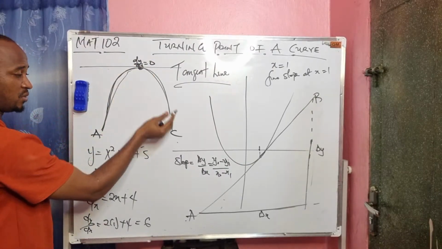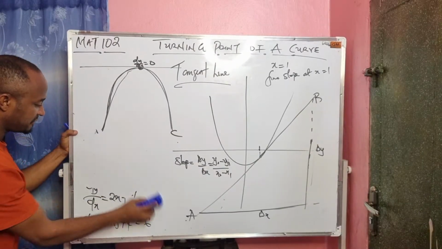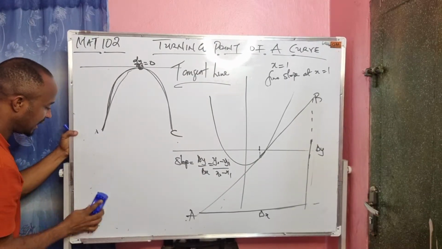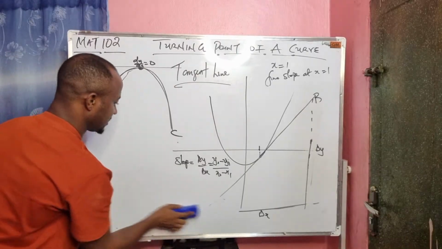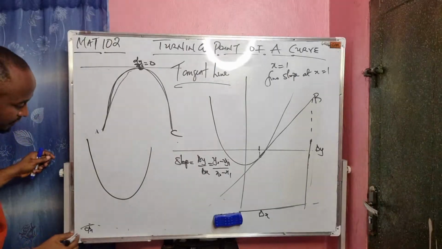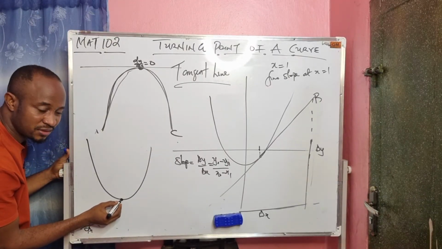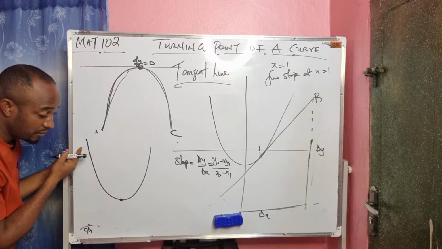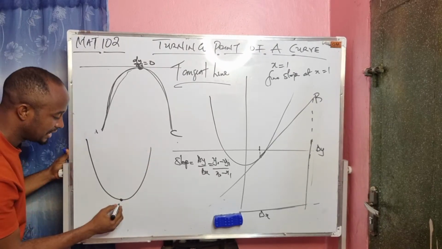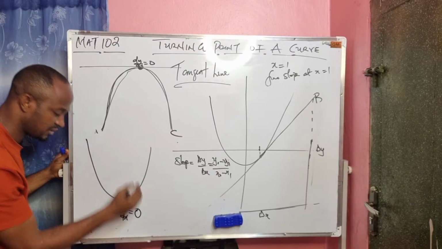Meaning that at this point here, my dy/dx is equal to 0. Not just for maximum. Even if I have a curve like this, at this point here, where this curve changes direction from decreasing to increasing, the slope of that point is 0.